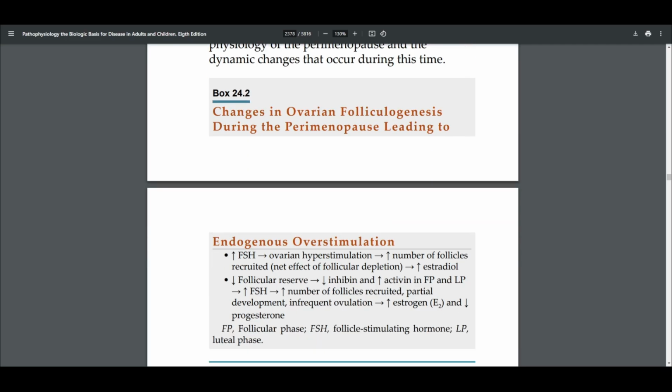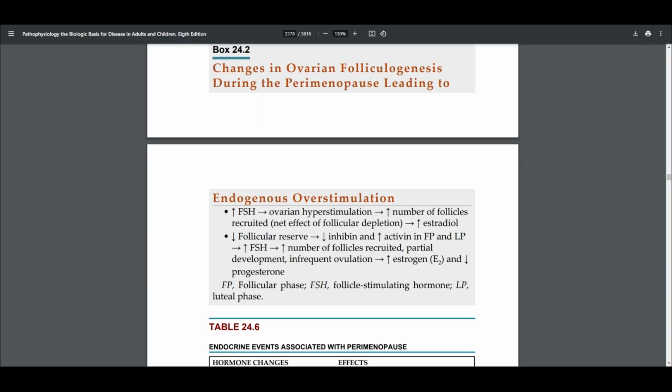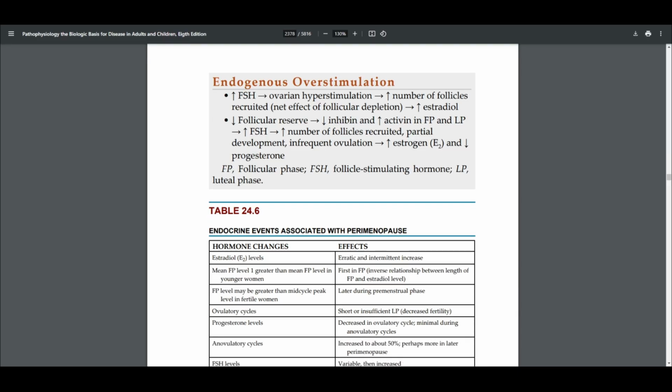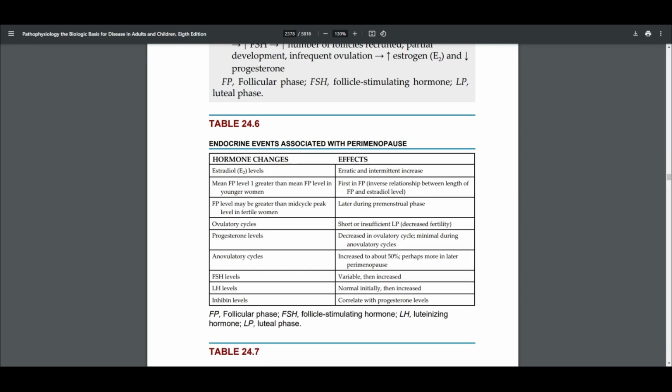So it's a good spot to hit pause so you can see the changes in the ovarian folliculogenesis during perimenopause, leading to endogenous overstimulation. And then here is that other table of endocrine events associated with perimenopause.